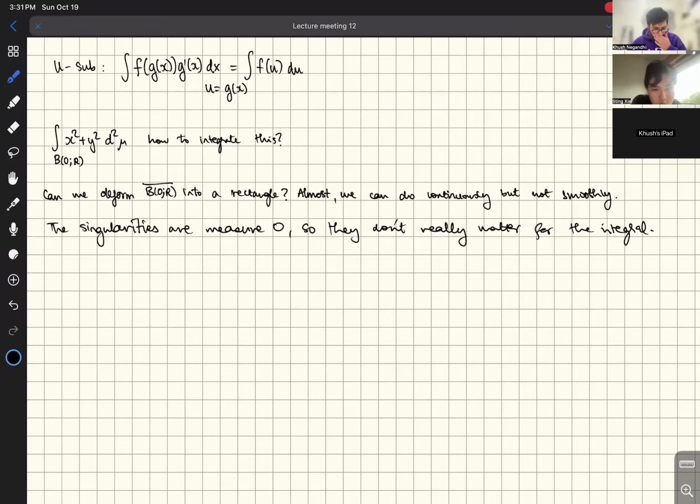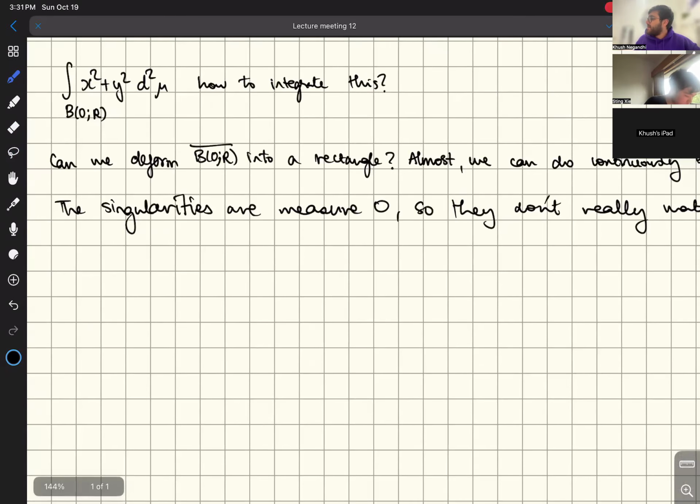Okay, so armed with this, what we're going to do now is, say we have two regions, and we have a diffeomorphism of the regions. Do you know what a diffeomorphism is? Okay, so let me define that. For the change of variables, it suffices if the diffeomorphism is C1.